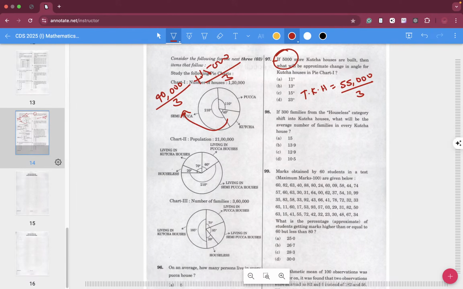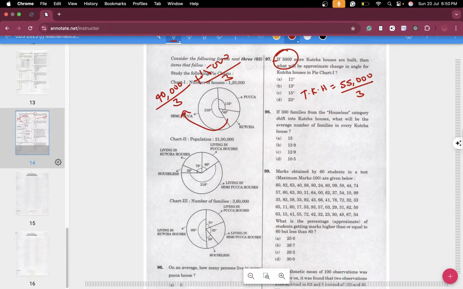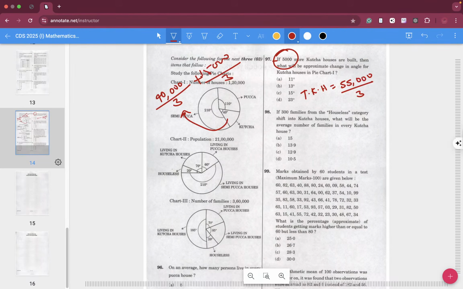So now they are asking, now 55,000 by 3 will make how much angle over here? So 55,000 by 3, divided by the total number of houses.